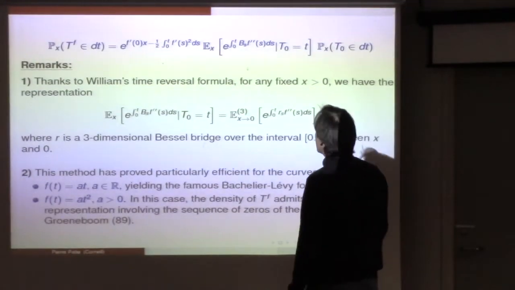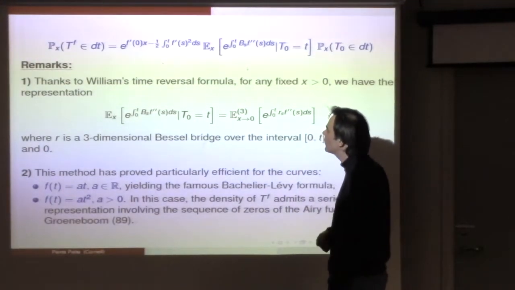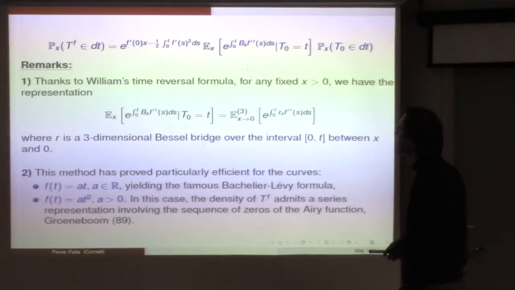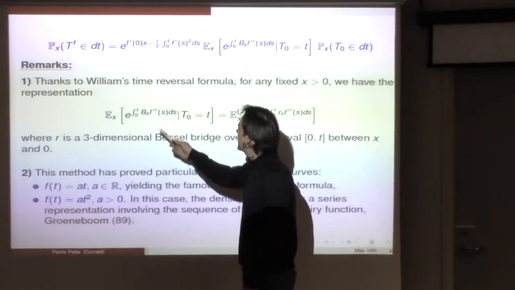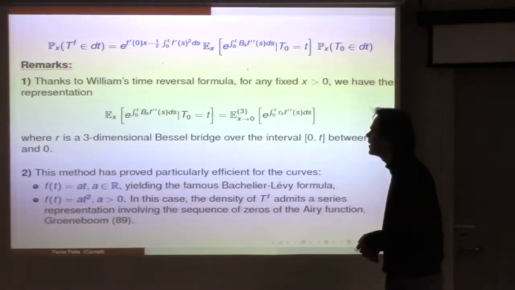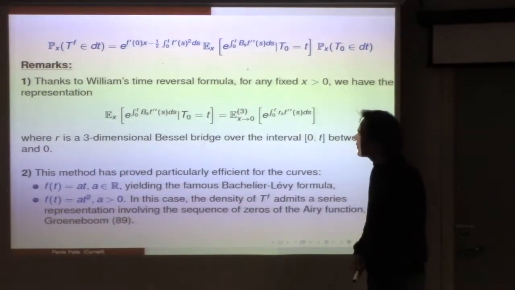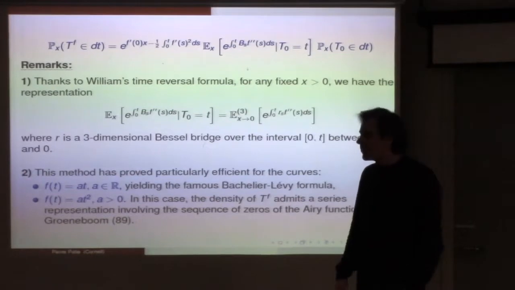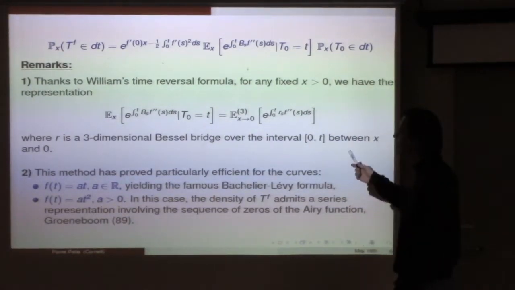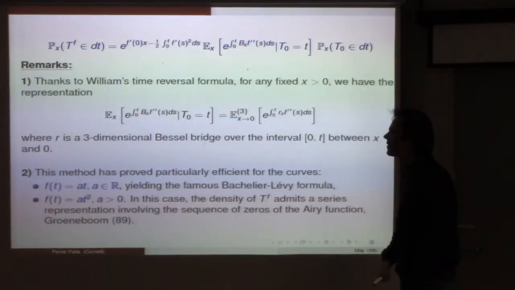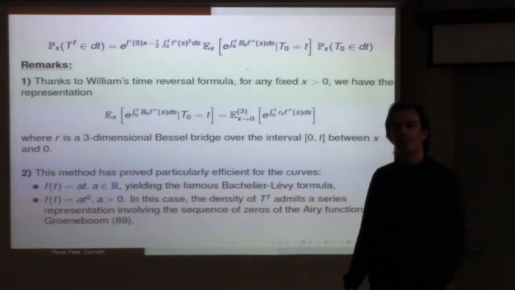Using this time reversal argument, you transform this functional involving the Brownian motion into a functional involving the three-dimensional Bessel bridge over the time interval [0,t], starting at x and ending at time t at the level 0.